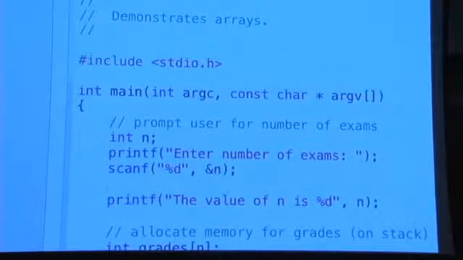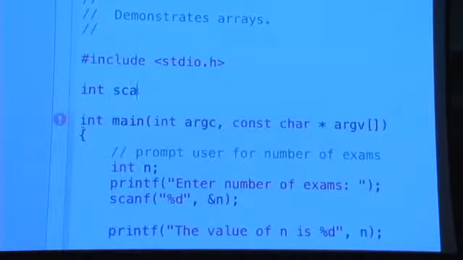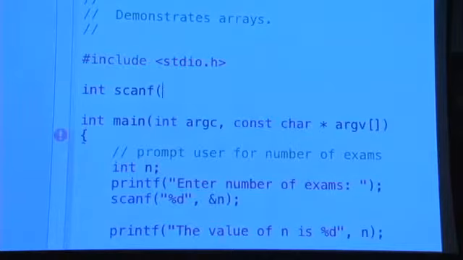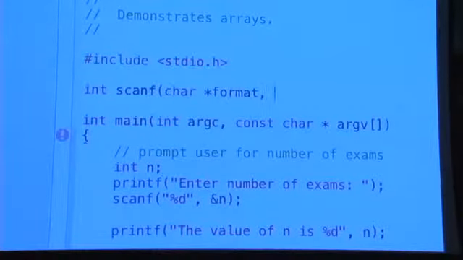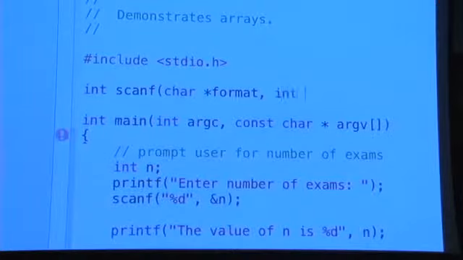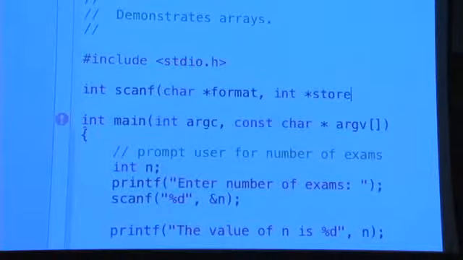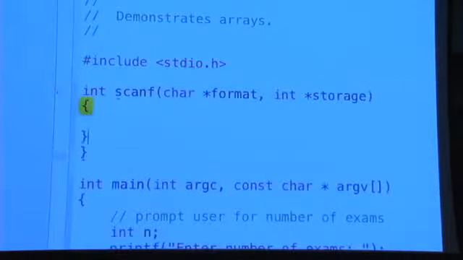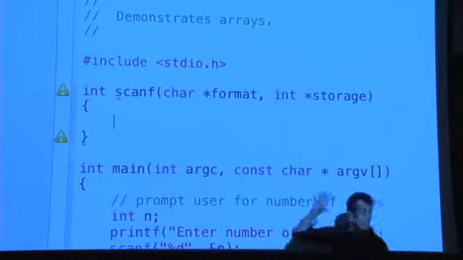By contrast, if I were the guy implementing scanf, for instance, int scanf, it's going to take a string for its format string, and then it's going to take an int. This is a bit of an oversimplification for scanf, but this will do the trick. So if I am the guy who invented C and implemented scanf, it's going to take a string, which is the format string.